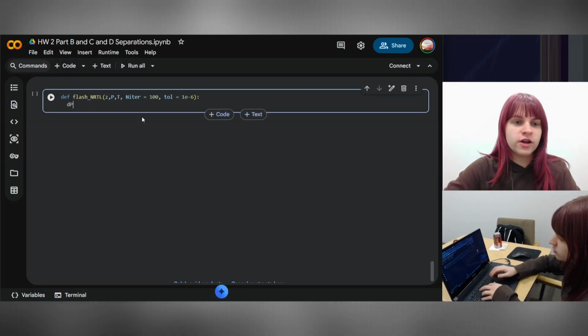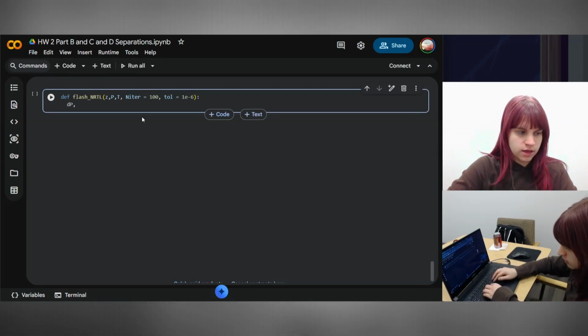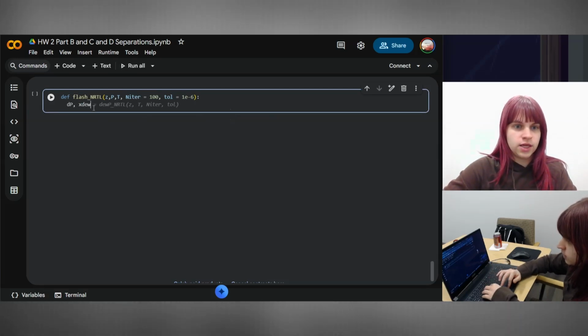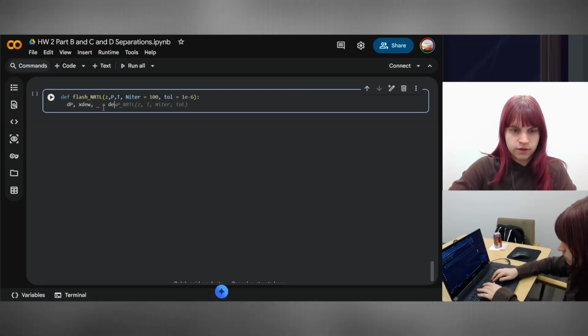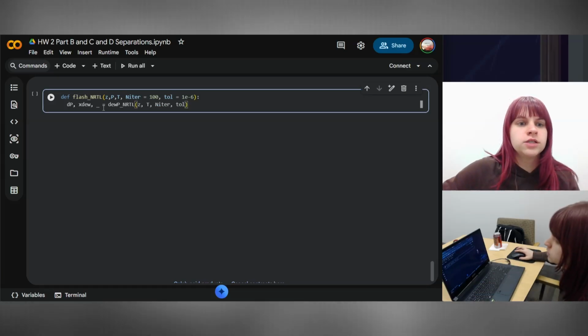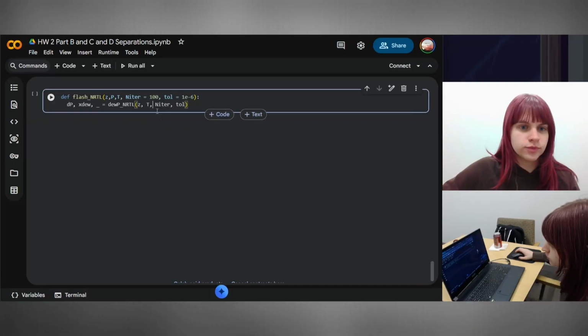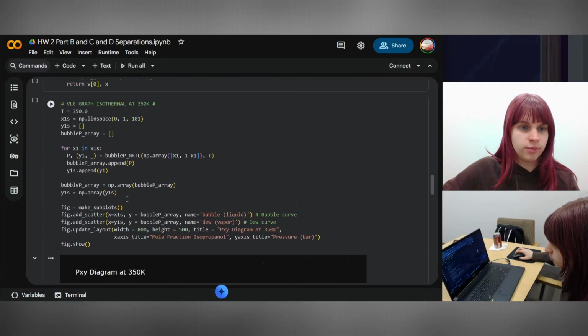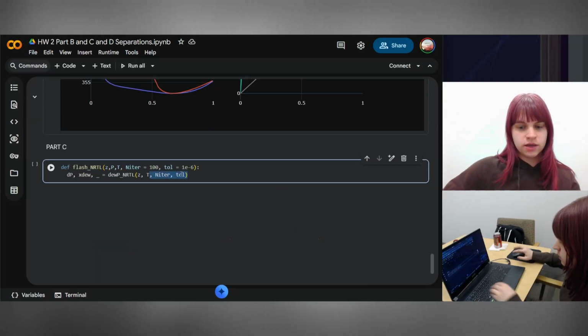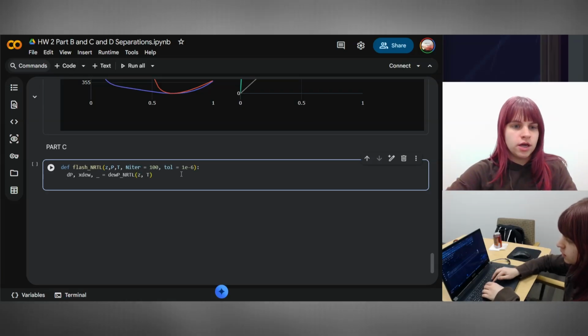For the dew pressure, we're going to say dP and X dew, and we're pulling this from the dew pressure NRTL function that I defined in a previous part, and we just need Z and T here.